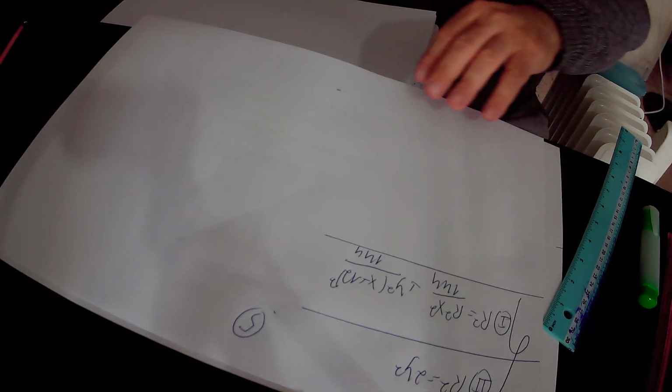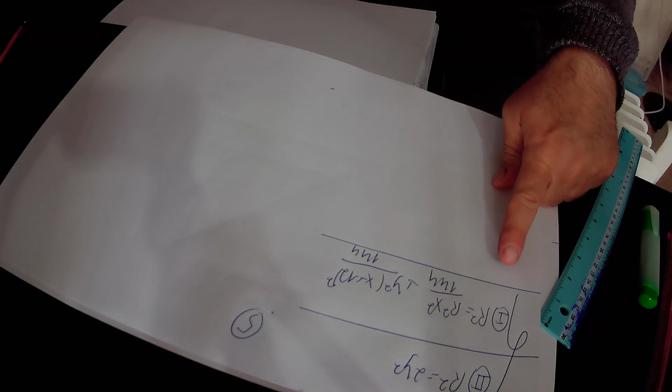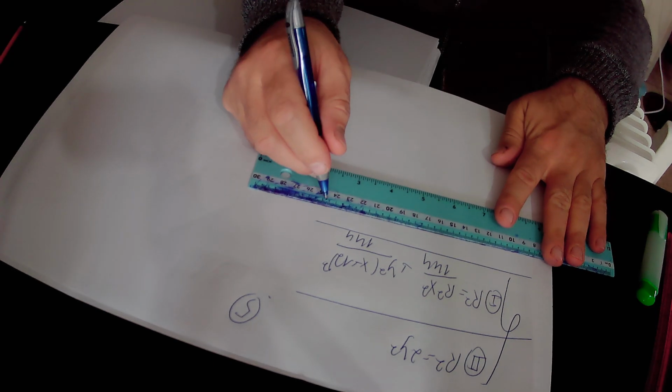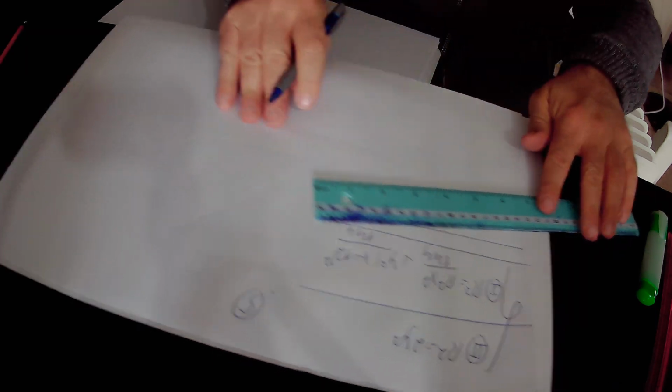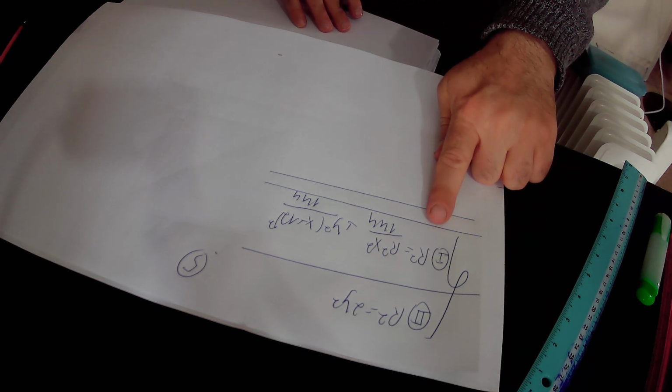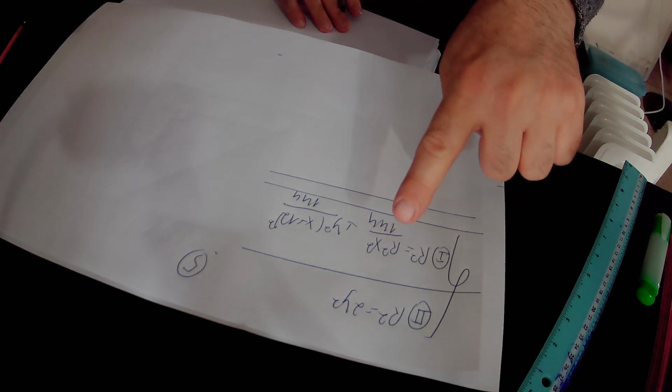So we have here two equations with R square. Now we can substitute R square in equation 1 by 2Y square from equation 2.